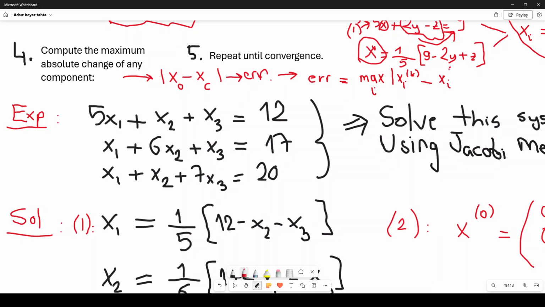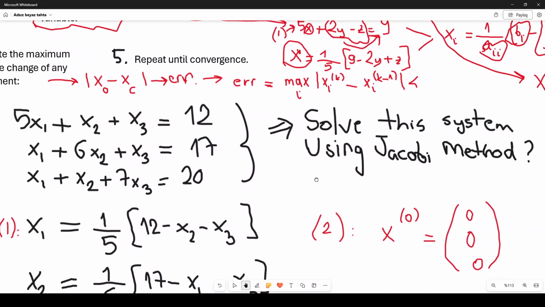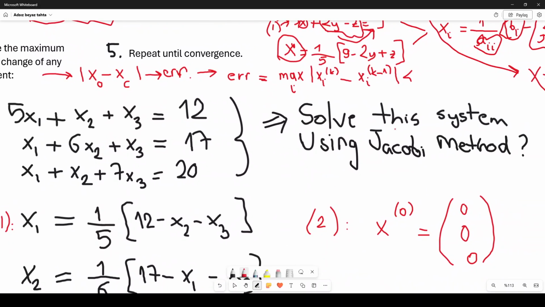So here's k minus 1, and this absolute value is actually the error, and this should be, let's move a little bit to the right, what is known as the error tolerance. So we put an error tolerance to stop the iteration process.